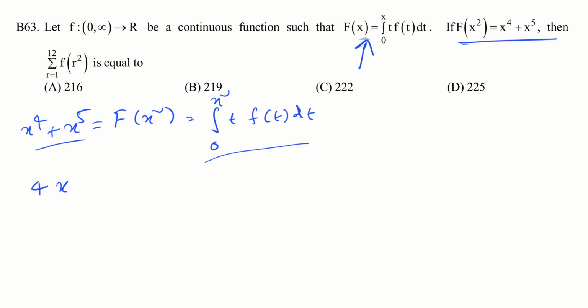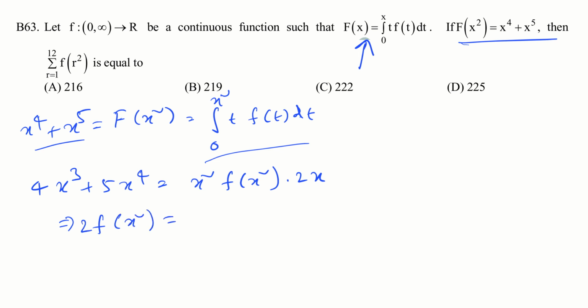I'll have 4x cube plus 5x power 4 is equal to x square into f of x square into 2x. So cancelling x cube on both the sides, we have 2 times f of x square is equal to 5x plus 4. Now the rest is obvious.